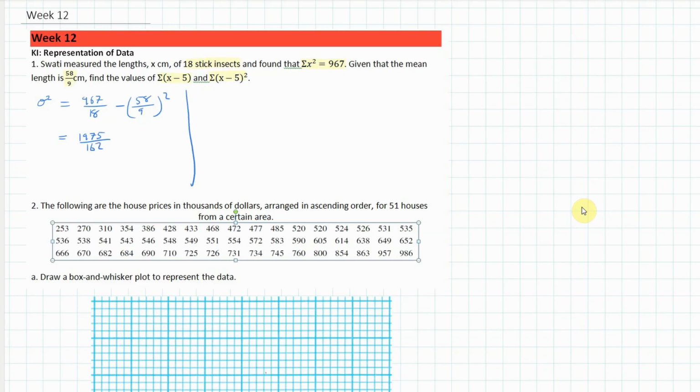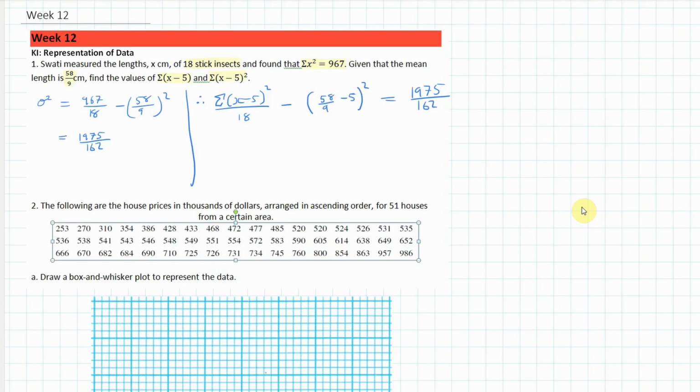And we know therefore that the variance of the coded data is going to be the same, so we know that the sum of x minus 5 all squared over 18 minus the coded data's mean, and that is going to be 58 over 9 subtract 5 because everything has moved by 5, so that's the new mean, and that ought to give us the same variance as the uncoded variance.